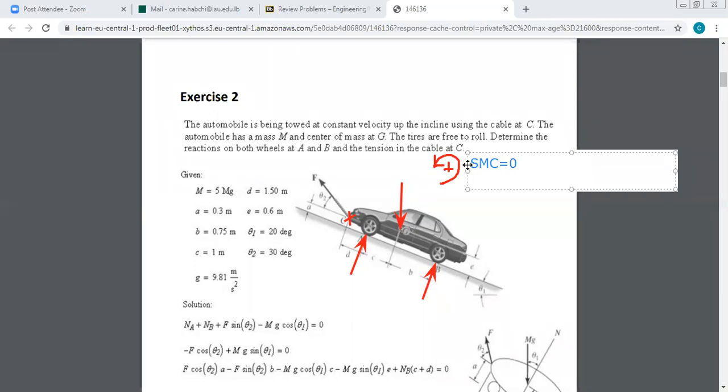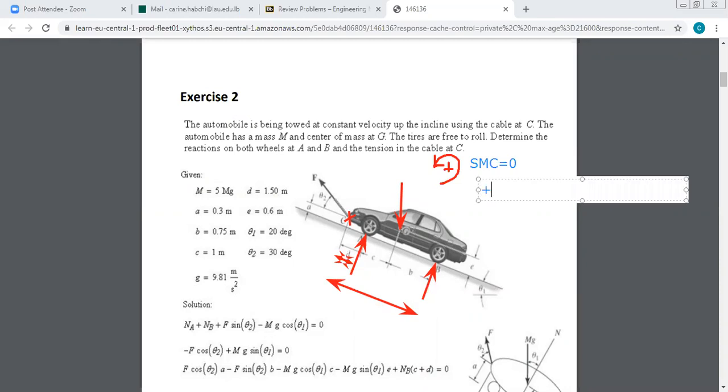RA is producing a counterclockwise moment, and I should multiply by this distance, which is given to be D. Now for RB, I should consider the distance from RB to point C, which is D plus C plus B. So I have until now plus RA times D plus RB times D plus C plus B, and I still have the weight.